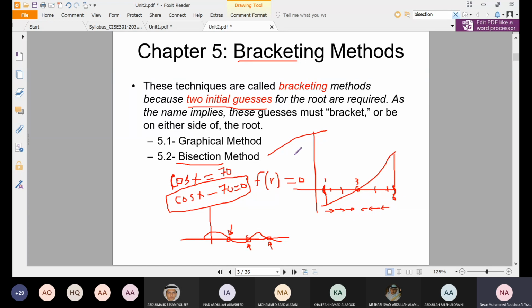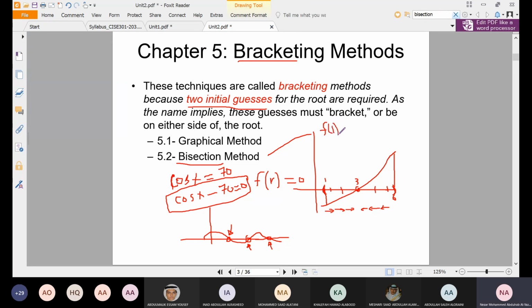So here what we have, we just start from these 2 points, and after that we look for the sign change of the function. So what do I mean by that?